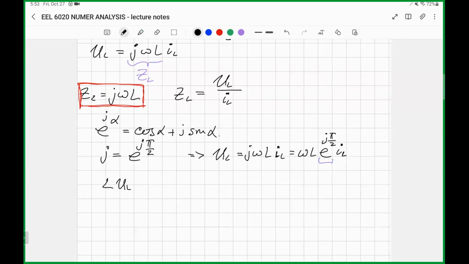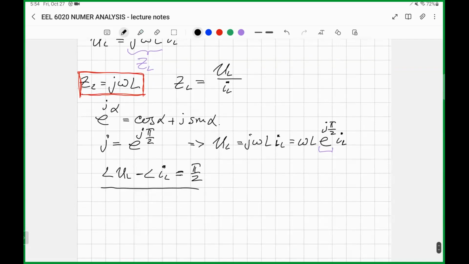The phase of the voltage minus the phase of the current is equal to pi over 2. So the current and the voltage are in quadrature, and the voltage leads the current. Very good. So this is about the inductance.